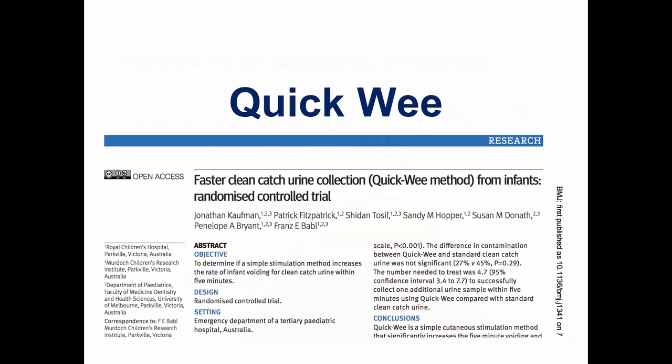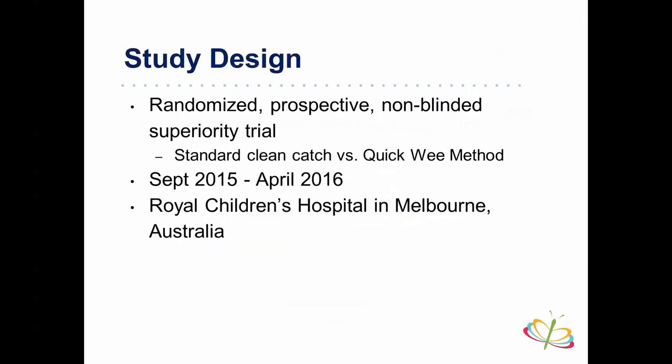So the study design is a randomized, prospective, non-blinded superiority trial and looked at two arms of the study, standard clean catch versus the quick wee method, which I will go into further detail later. It took place over a 6 to 7 month period between September of 2015 and April of 2016. It was done in Australia in a pediatric emergency department in the Royal Children's Hospital in Melbourne.